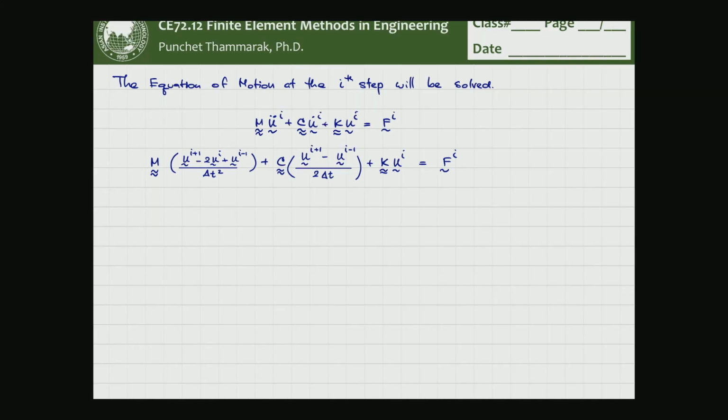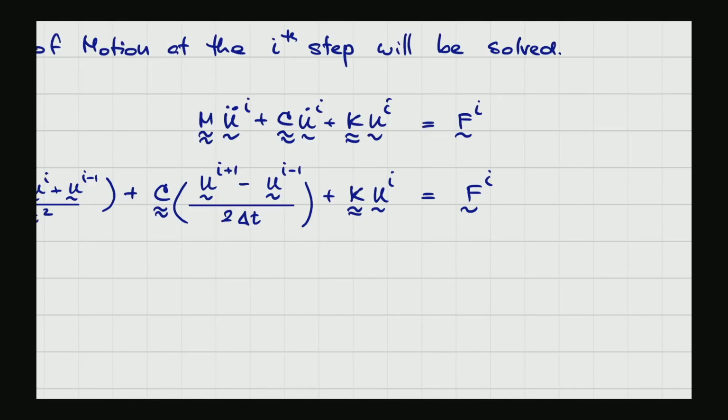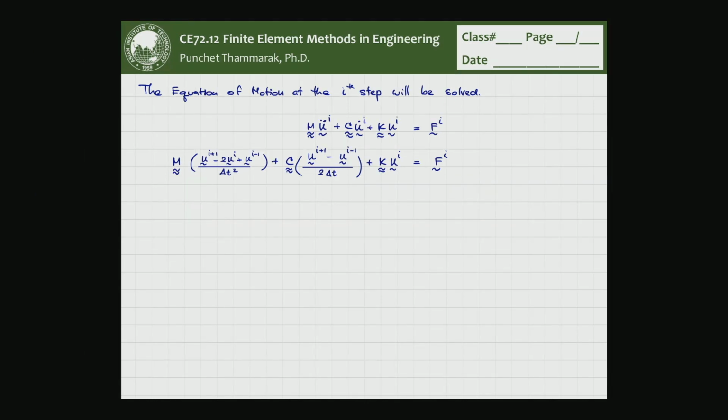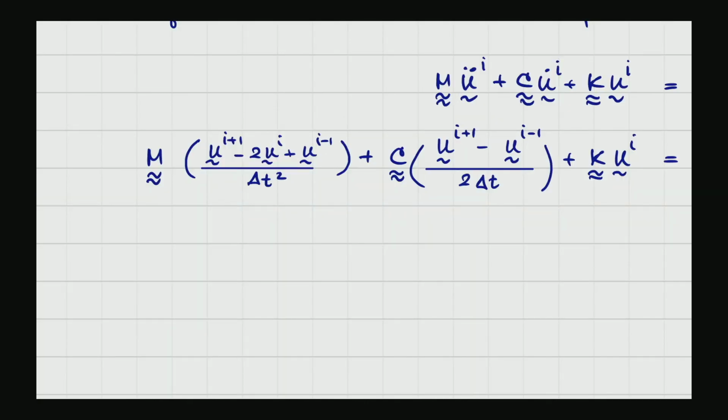So the formulation is at the step i, but the unknown that we determine is not the step i unknown. The step i information are all known. The only unknown we have will be from the step i plus 1.